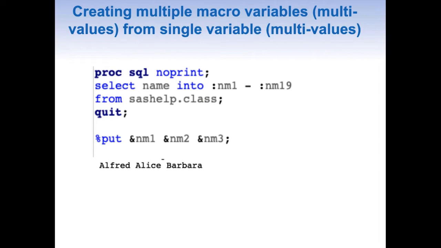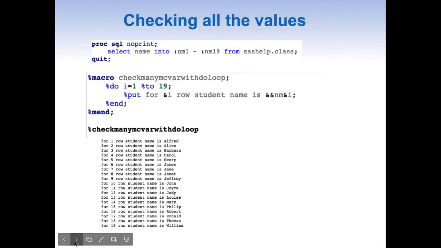Here what I am trying to show is that we have created these 19 macro variables. How can we access those macro variables without writing each one of them separately? Now let's look into how we can do that.